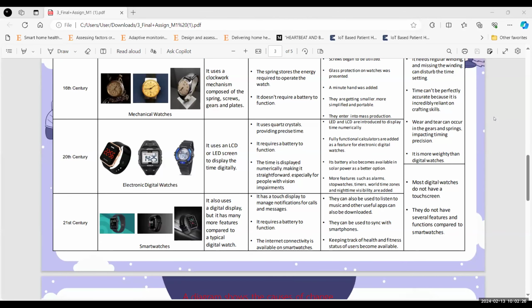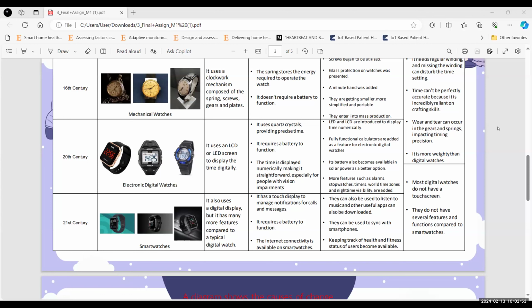First of all, LCD screens were introduced, and then LED, which has a better quality, was introduced into the market. And there are also calculators, which were added as a feature for digital watches to make them more useful.